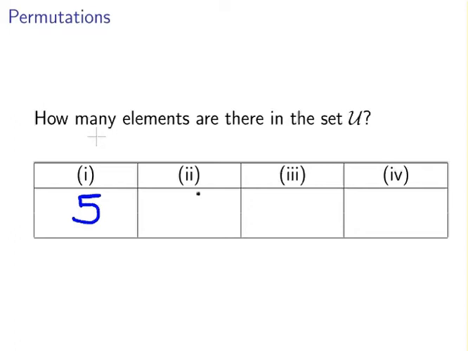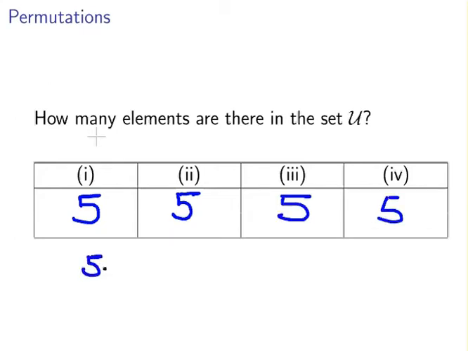Because we're allowed repeat, we can pick the same letter as we picked in the first phase. We can pick that again, and we have 5 letters to choose from. So we have 5 here, and again we have all 5 letters to choose from. So we have 5 here and 5 here.